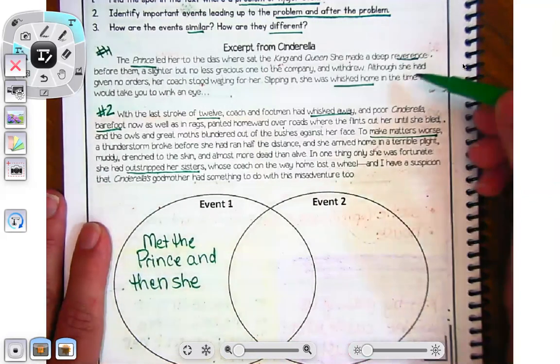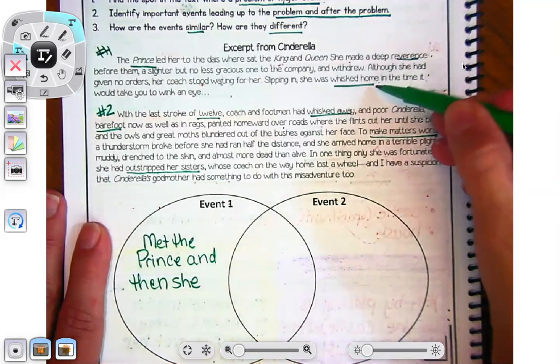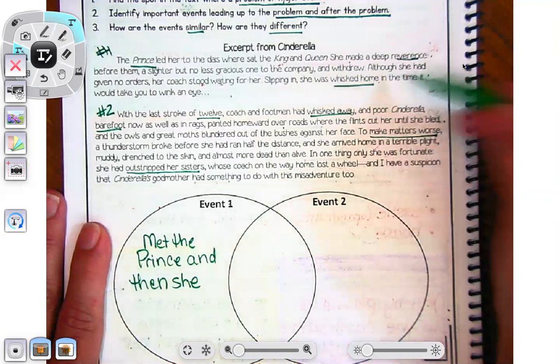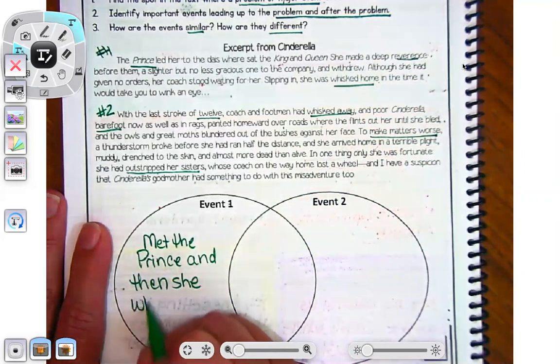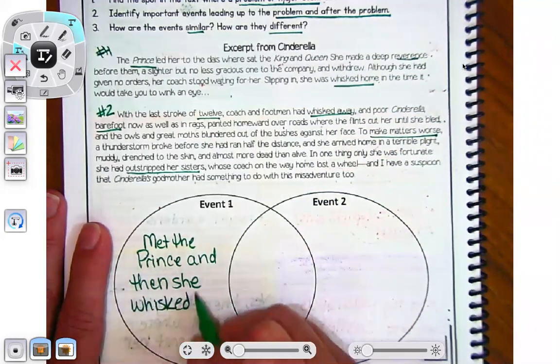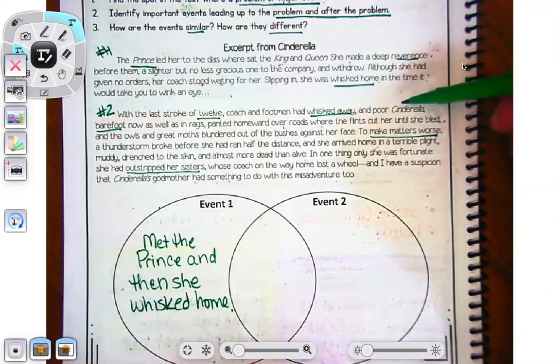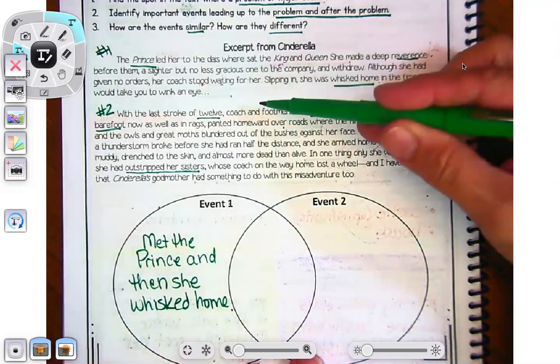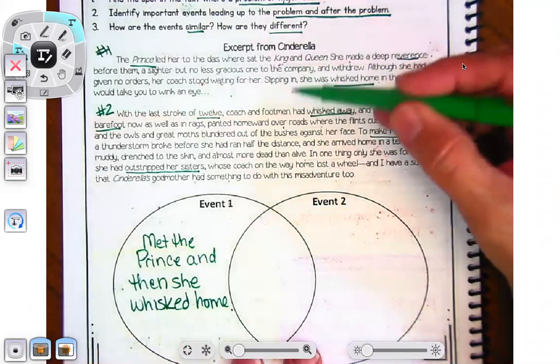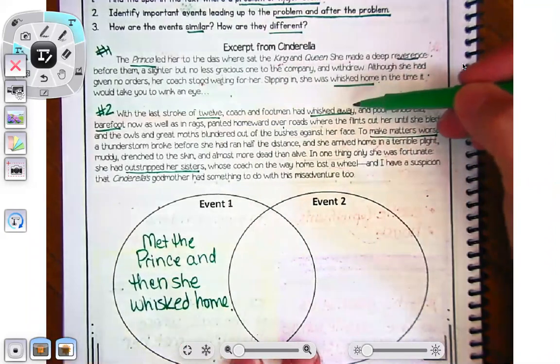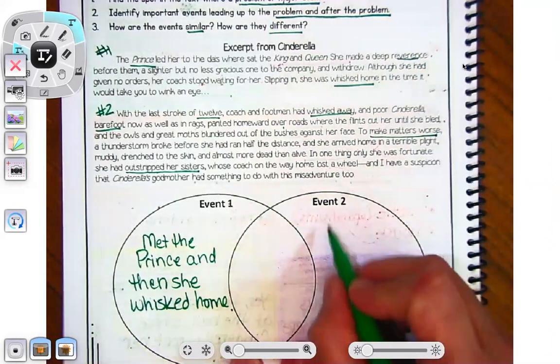And then she was whisked home. She had to slip in and she was whisked home. And we know from the second paragraph, it was 12 o'clock. She was being whisked away, so she's in the coach.